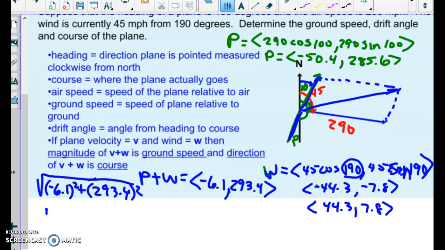And I ended up with 293.5 miles per hour. And here's a neat outcome, which first looking at it, I didn't notice it. But if this is at 100 degrees and that's at 10 degrees, that's a right angle.